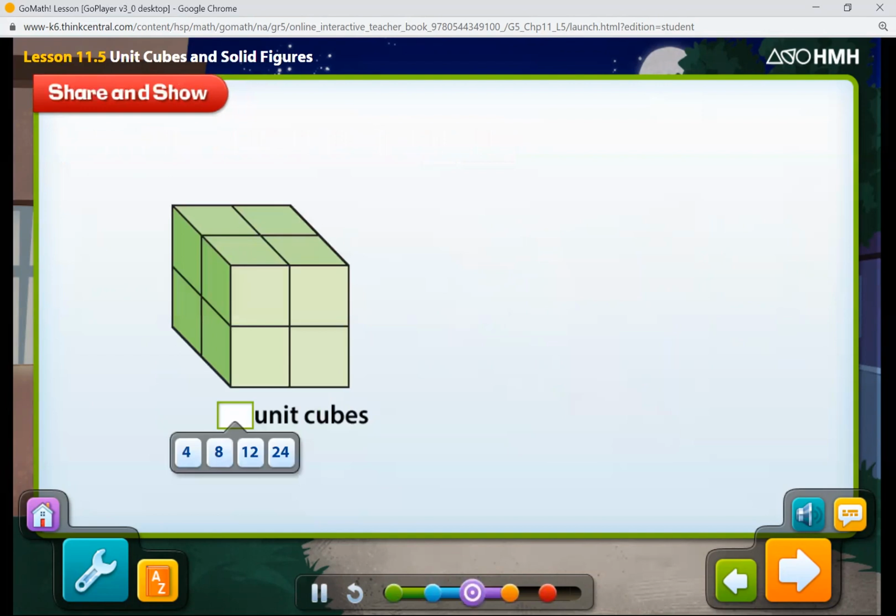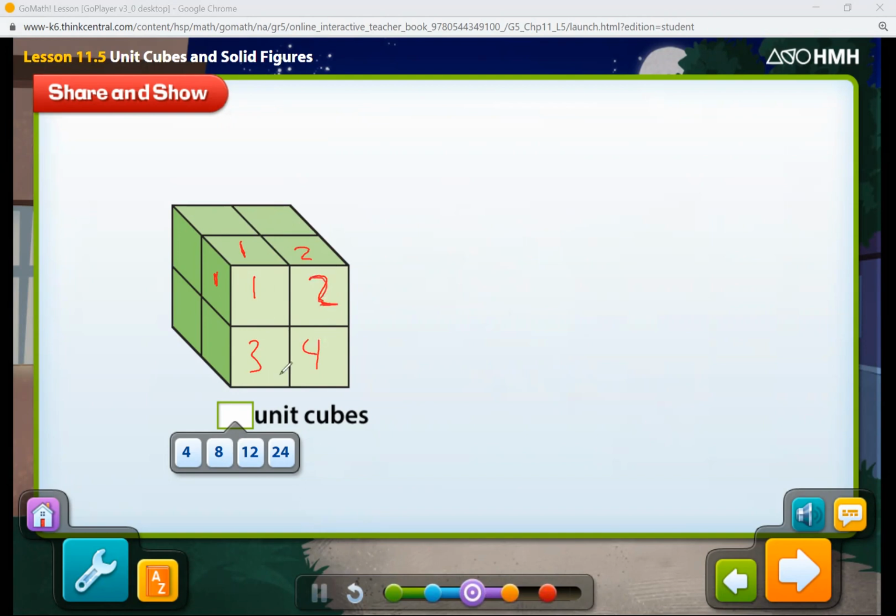You can count the number of cubes used to build this solid figure. How many cubes are used? All right, well, I've got 1 cube, 2 cubes, 3 cubes, 4 cubes. Now this is still number 1. This is also still number 1. That's 1 cube. This is also cube number 2.